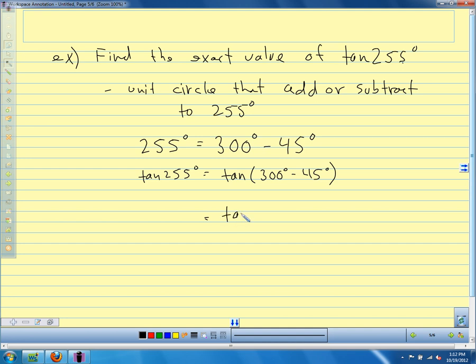That's the tangent of 300 degrees minus the tangent of 45 degrees, and we're going to divide that by 1 plus the tangent of 300 degrees times the tangent of 45 degrees. That's what our identity tells us that this is.